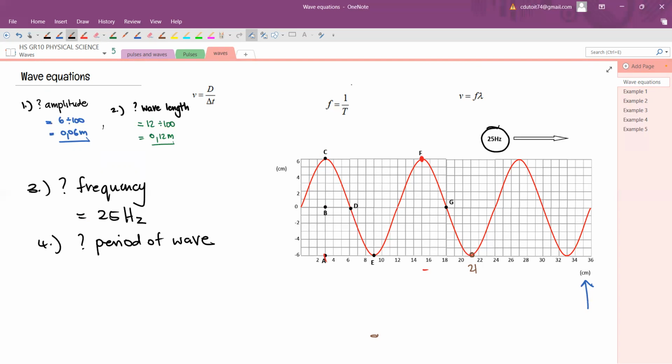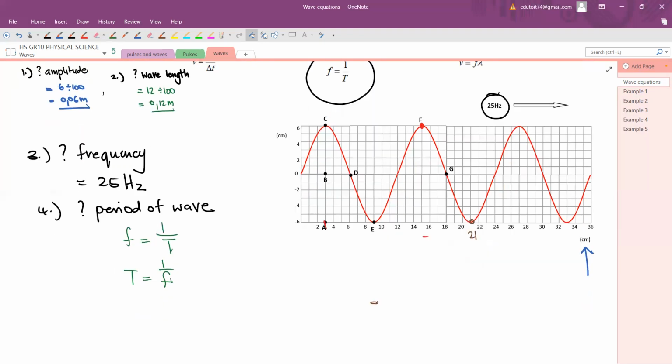We have an equation here. Your frequency is 1 divided by T, and T is the period. So T is 1 over f. Do you understand what I've done there? I've made T the subject of the equation.